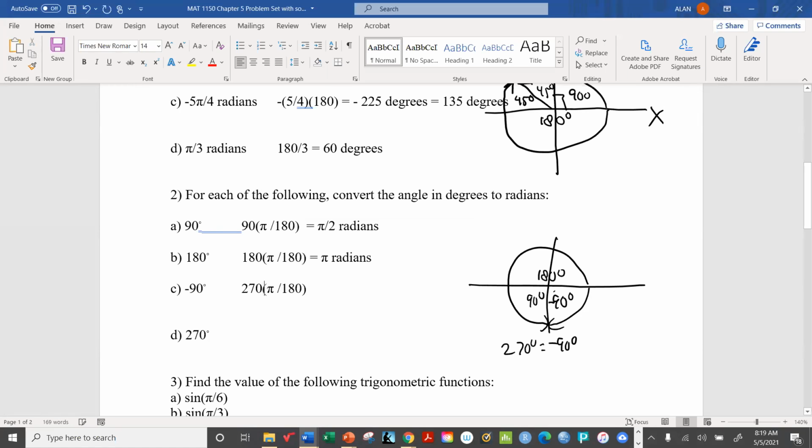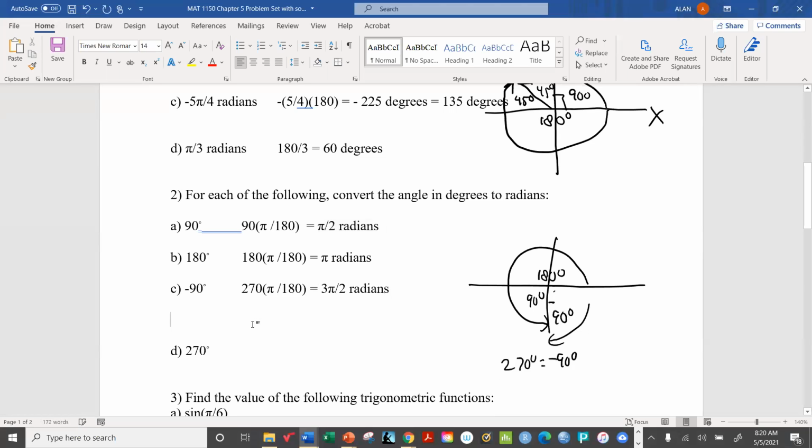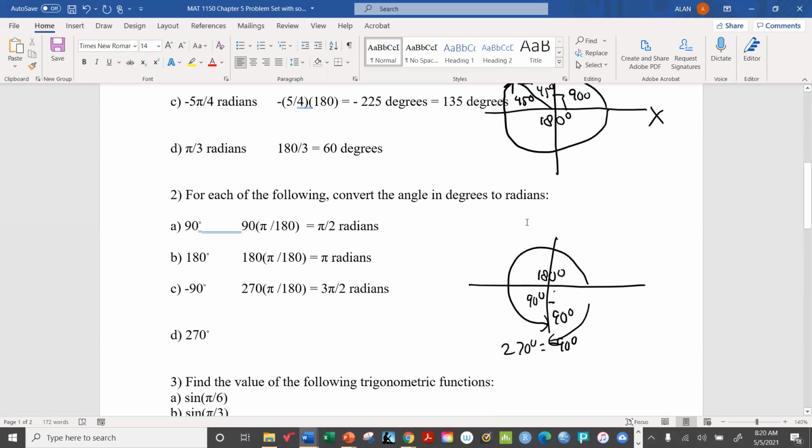And so 270 over 180 turns out to be 3 pi over 2. Okay, 3 pi over 2.